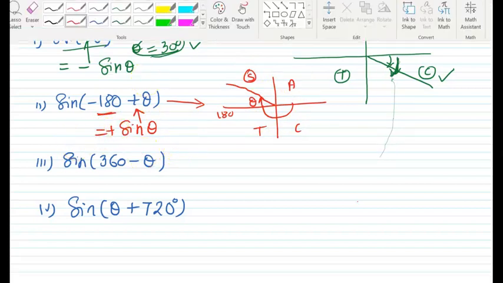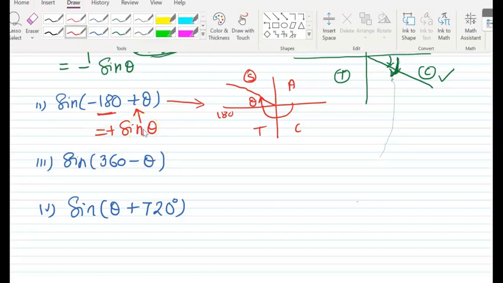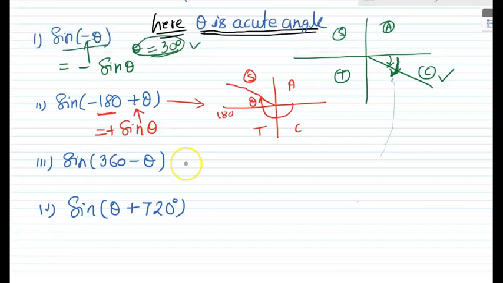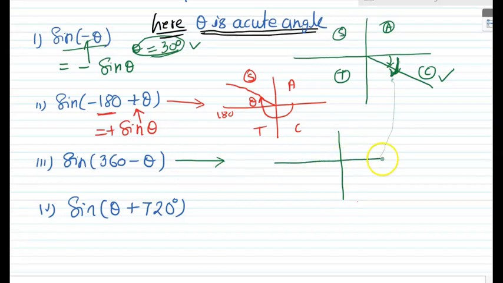Okay. Now, yeah, question please. Yeah, that's right. So see here, sin of 360 minus theta. We are taking a full round, 360, and minus theta means we are staying here. We are not crossing this line. It is not 360 plus theta; if it were 360 plus theta, we would be coming into this area.